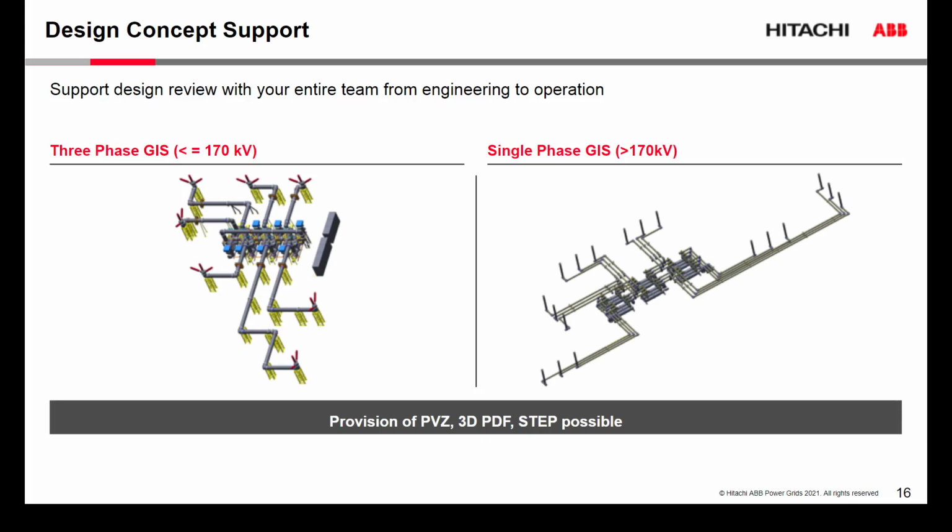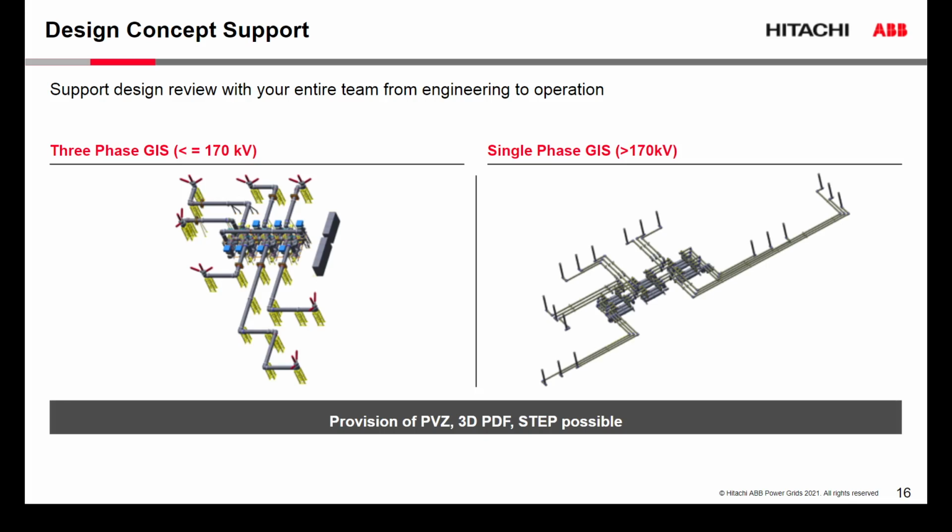It is really much easier to go with the entire team, and I mean really from engineering to operation, through a substation, review access points, review filling ports, density monitors, review maintenance access, or review whether I actually fit my GIS into the overall substation.